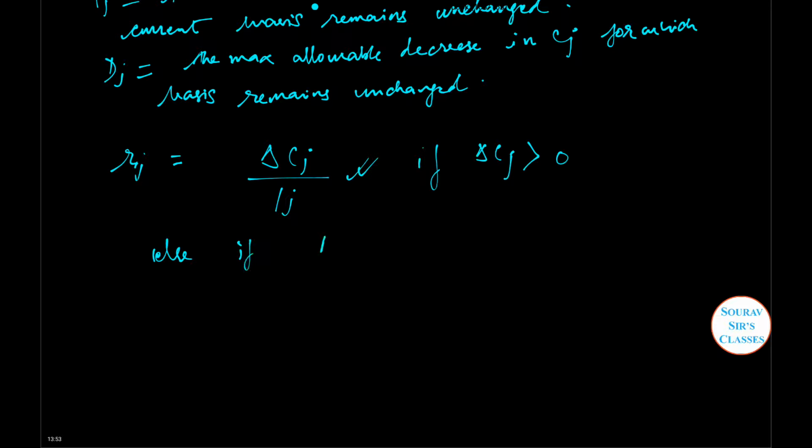Else, if delta Cj is less than 0, then Rj is equal to negative of delta Cj divided by dj. If the coefficient of a certain variable does not change, that is delta Cj is equal to 0, then Rj becomes 0. Now if only one Cj in the objective function changes while the others remain constant, then the current basis would remain optimal if Rj is less than 1, that is, if Rj is less than 100% expressed as a percentage.